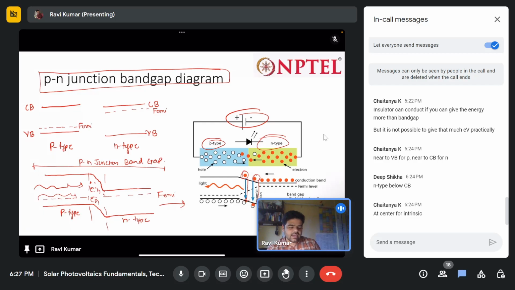So we can say LEDs are p-n junction devices. So this is all about the p-n junction band gap. Now let's move further. If you have any doubt, you can ask.